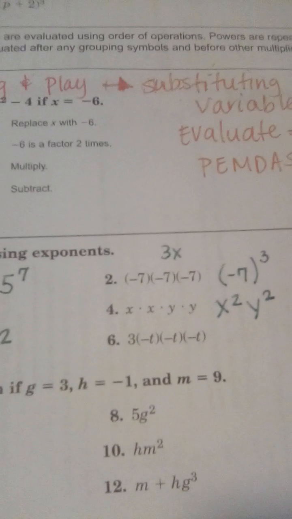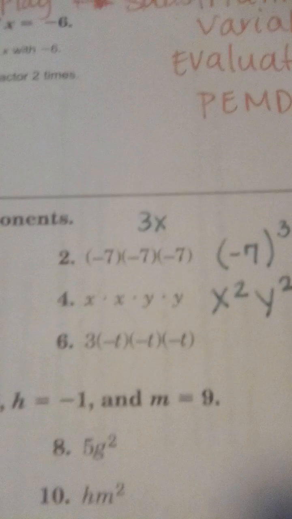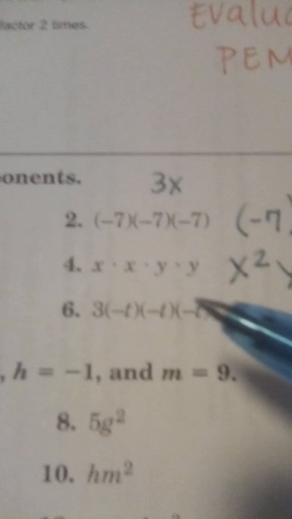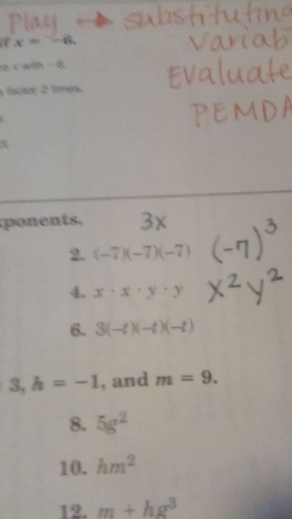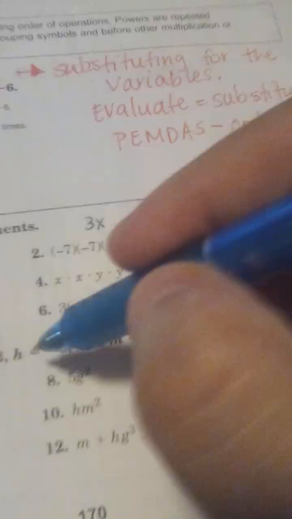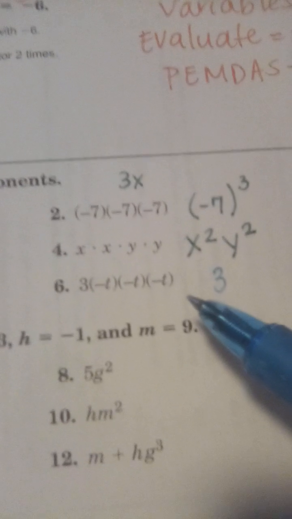Okay. When you see this, there are two things, the 3 and the negative t. Obviously, the 3 is the base, right? The 3 is the one you don't have to worry about. So far, so good?